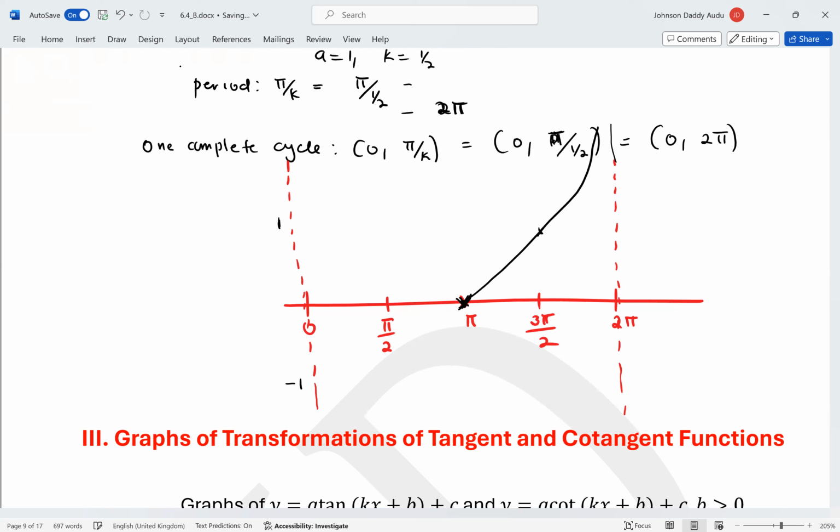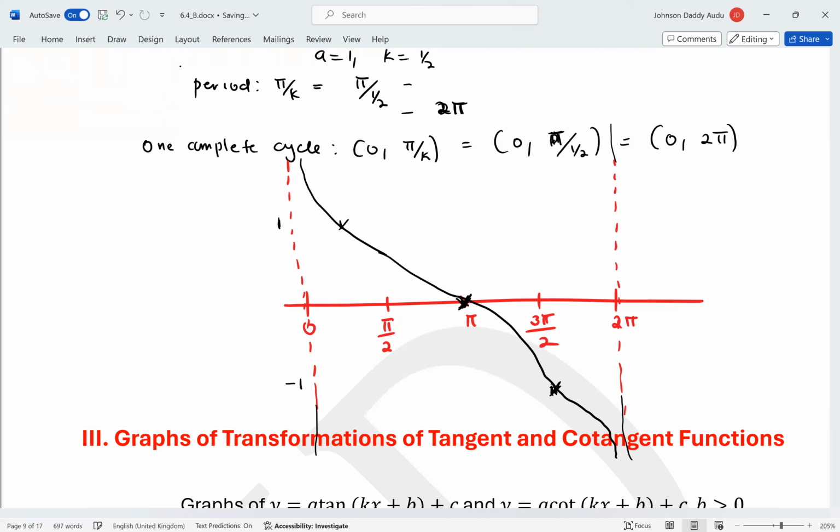Then here at pi over 2 is going to be minus 1. And we're done. Sorry, this is the graph of cotan, not the graph of tan. So this is not true. We're dealing with the graph of cotan, right? For the graph of cotan, once you move to the right, you should go to the minimum. And once you move to the left, you should go to the maximum. So this will be the graph.